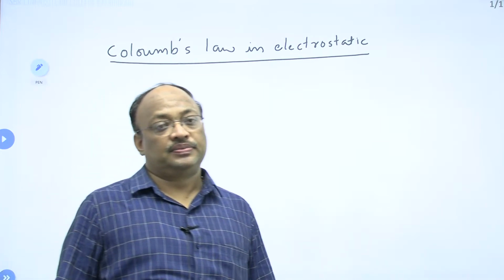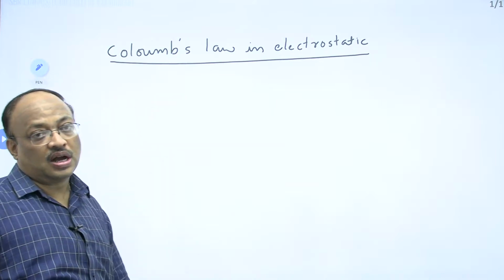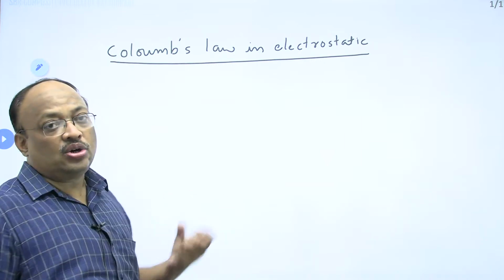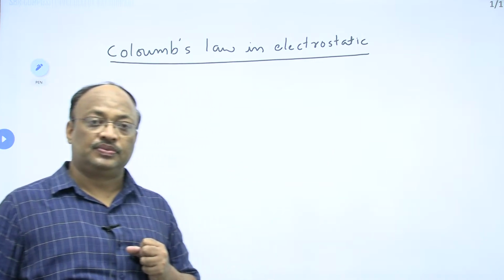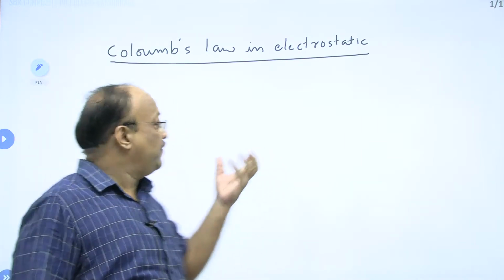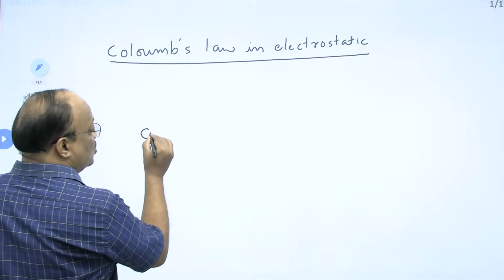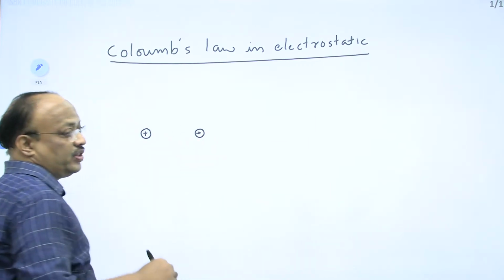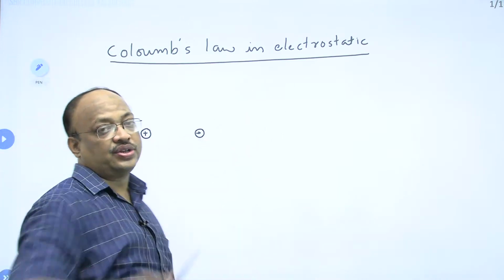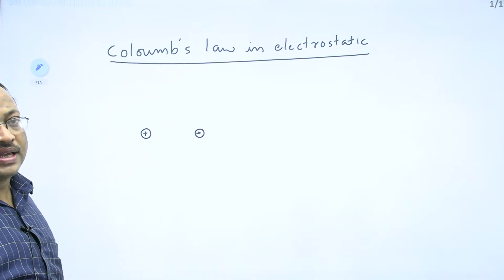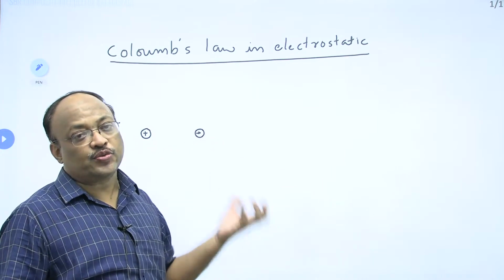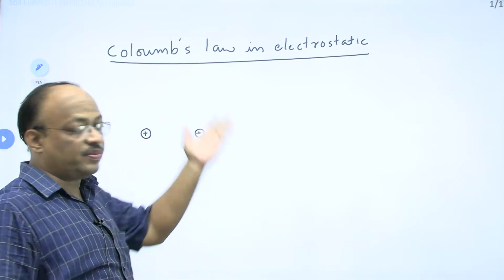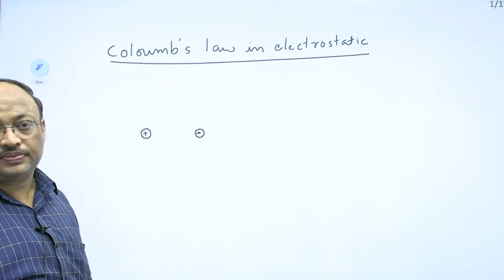So for that, the scientist Augustin Coulomb, through a torsion balance, found the force between different charges. If like charges, with what force they are repelling each other. A torsion balance is a sensitive balance to measure the force of repulsion between like charges.